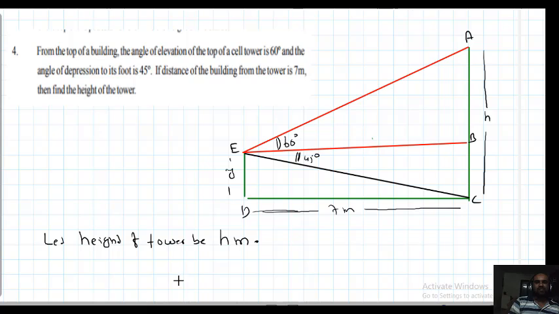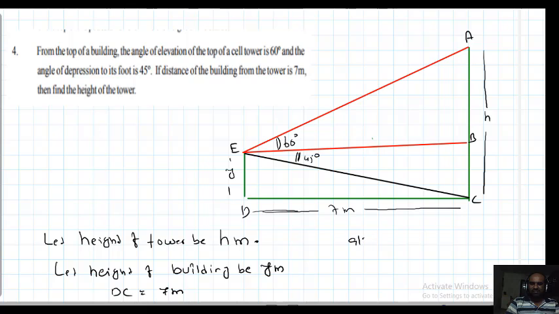Next, let the height of the building be y meters. Next, what is given? Actually we need the distance between building and tower, DC equal to 7 meters. You write: the distance between building and tower is 7 meters.